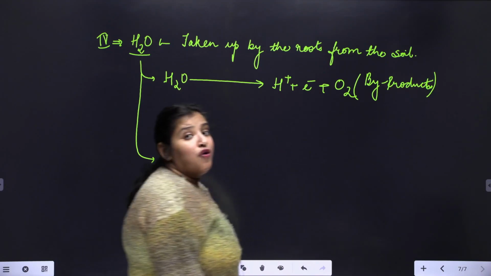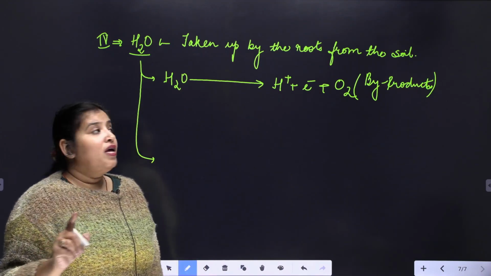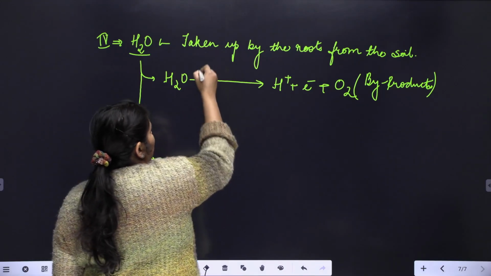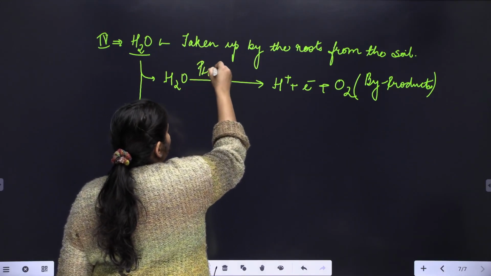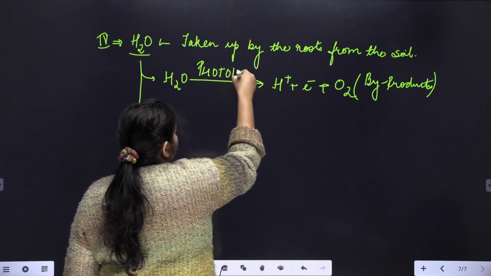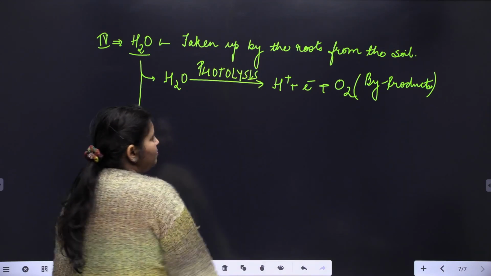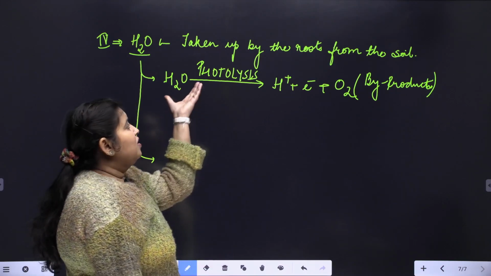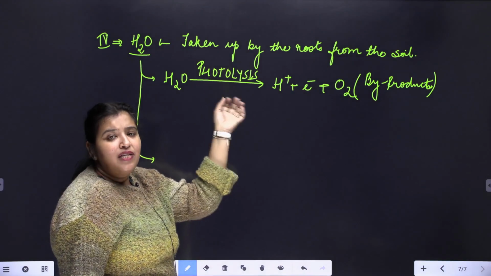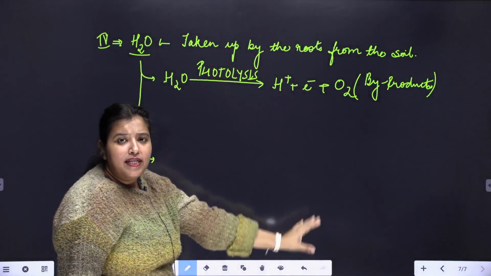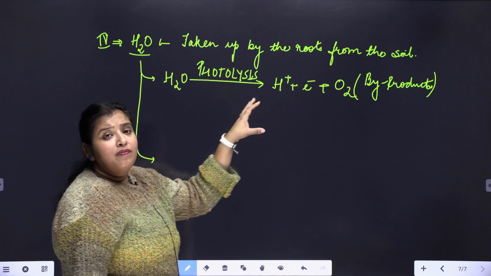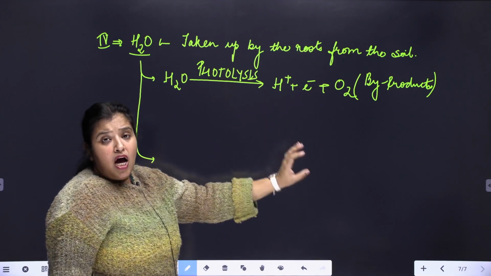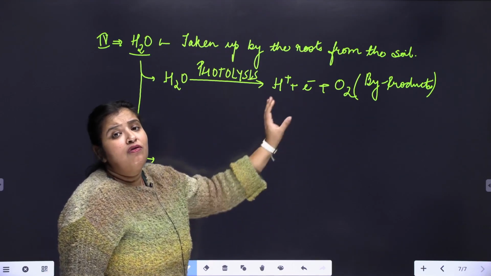It is coming from the splitting of water. This process of splitting of water is known as photolysis. Photo means light. In the presence of light, when splitting of water molecule takes place in the plants, it is called photolysis.